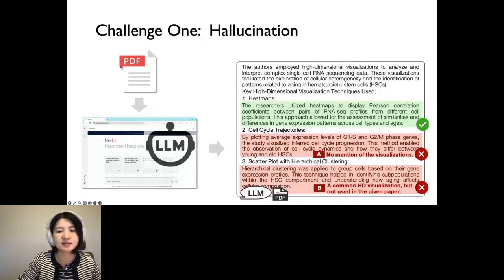We believe this is because high-dimensional data visualizations are deeply embedded in the domain-specific narratives in those papers. Visualization is usually not the main focus. They serve to support biological findings. And so often the visual encodings themselves are not explained very explicitly.